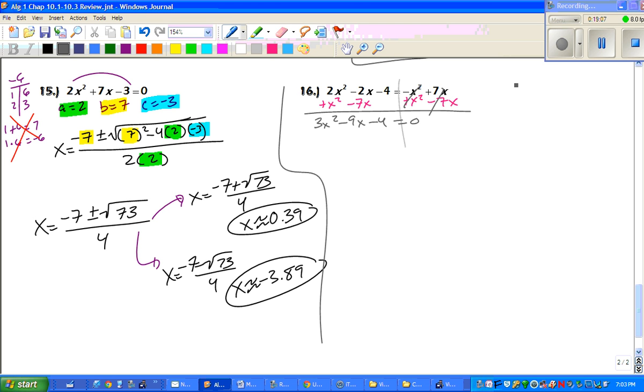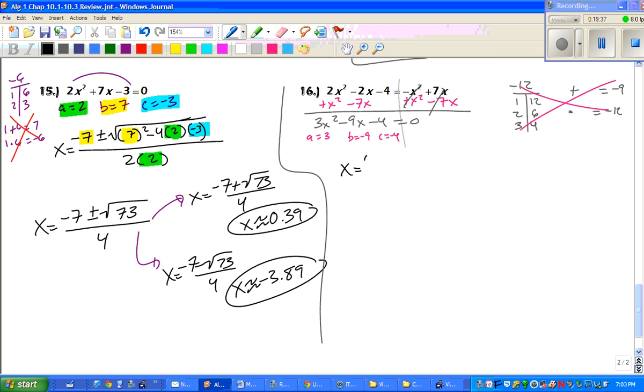So if we're doing this, we want numbers that multiply to get to -12. So which one of those add up to -9, but multiply to get to -12? And it can't be done. Okay? So we know that A is 3, B is -9, and C is -4.